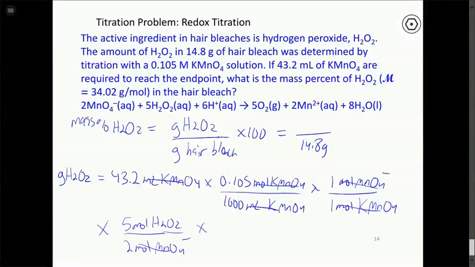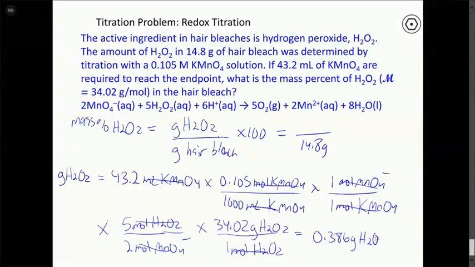Now what we want for this calculation up here is the mass of H2O2, so we can use the molar mass, which is 34.02, to calculate the mass. So 34.02 grams of H2O2 per 1 mole. And so we get 0.386 grams of H2O2.